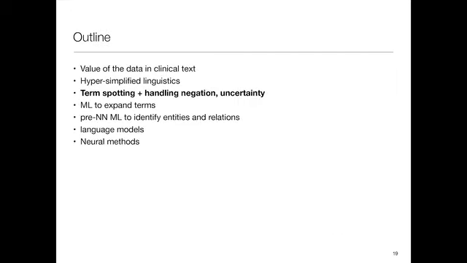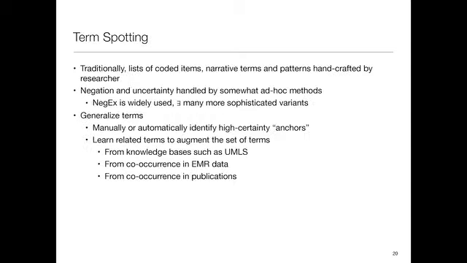Okay, so back to term spotting. Traditionally, if you were trying to do this, what you would do is you would sit down with a bunch of medical experts and you would say, all right, tell me all the words that you think might appear in a note that are indicative of some condition that I'm interested in.